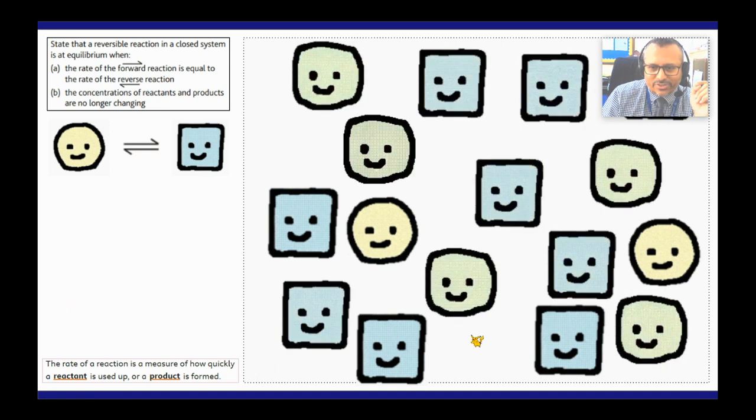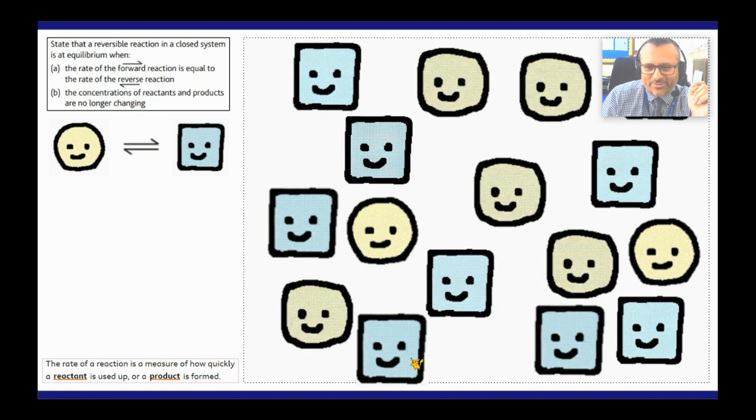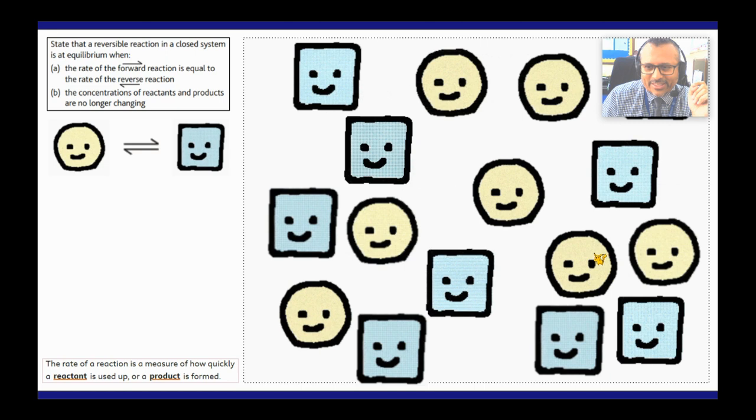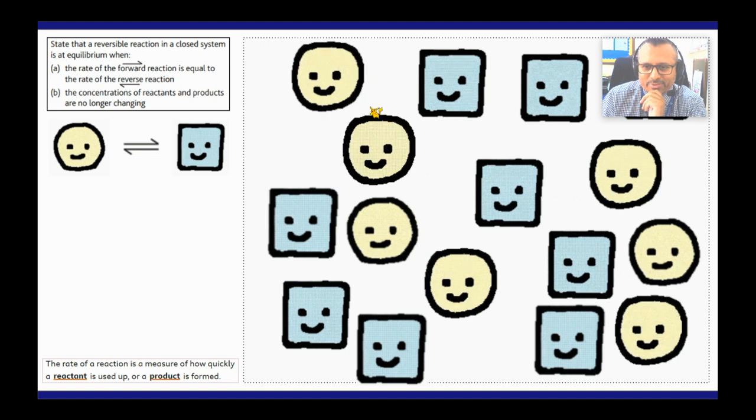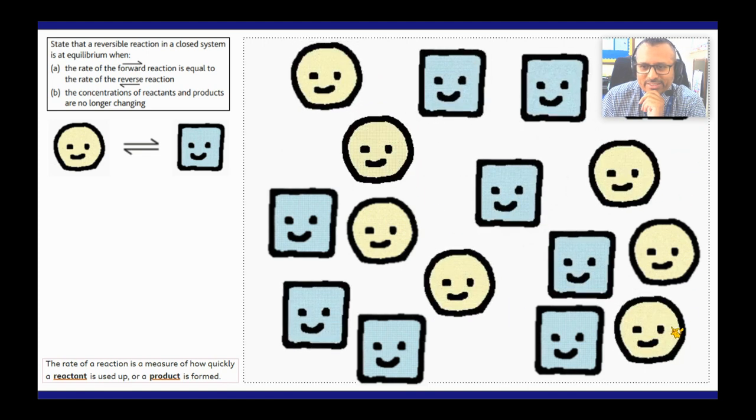There are 8 blue squares at the same time, but there are 7 yellow circles maximum at the same time as well. There's 4 there, and then it goes to 5, 6, 7.